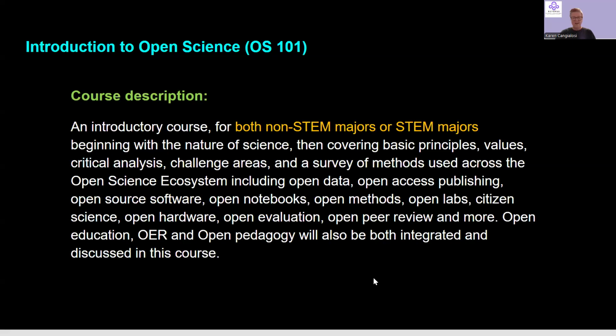So trying to think about covering all of these different kinds of open in a very general way so students get a sense of what's going on here, and to really embed the idea of open education in OER and using an open pedagogical approach is all part of what I would try to do with an Intro to Open Science course.